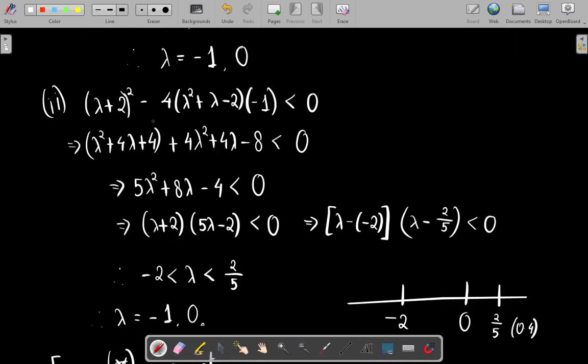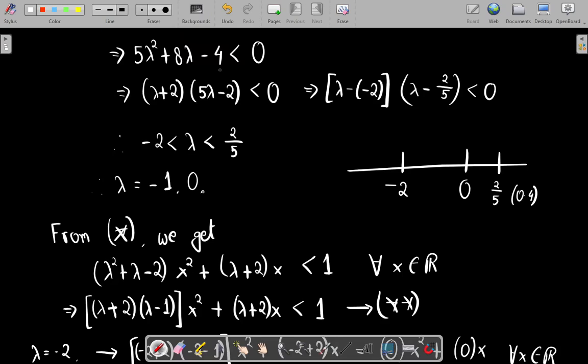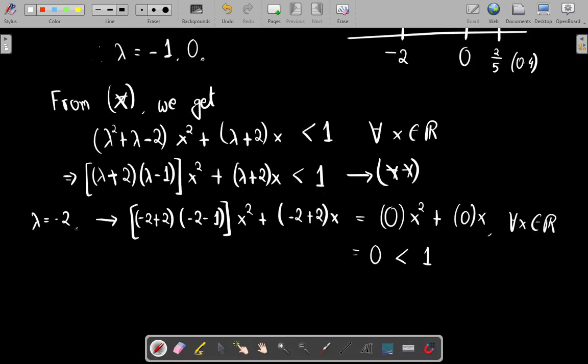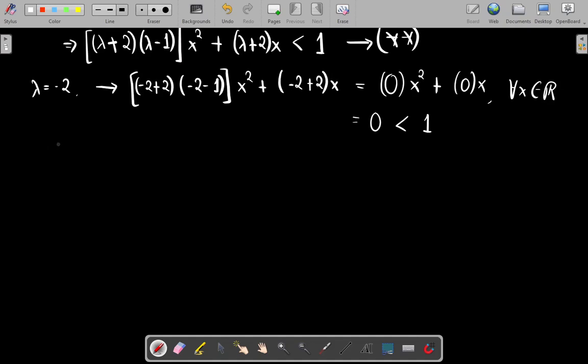So we found two values, -1 and 0. But when we take lambda equal to -2 and plug that value back into the inequality, we see that the expression is also satisfied irrespective of any value of x. You can take any real value of x, this inequality is satisfied anytime. So we have to also consider lambda equal to -2 since it satisfies the given condition.